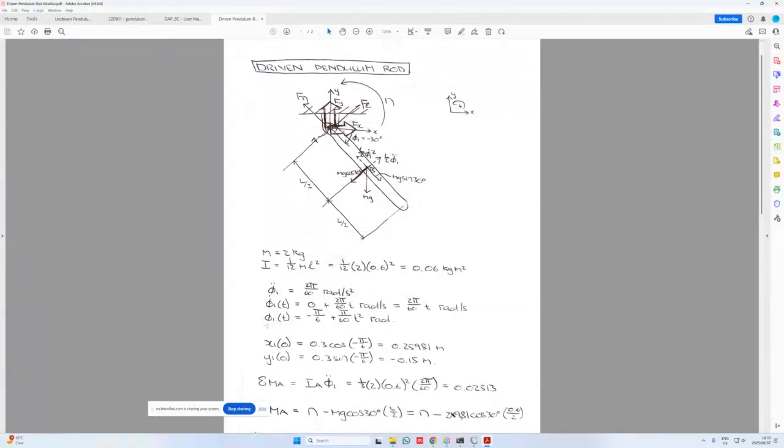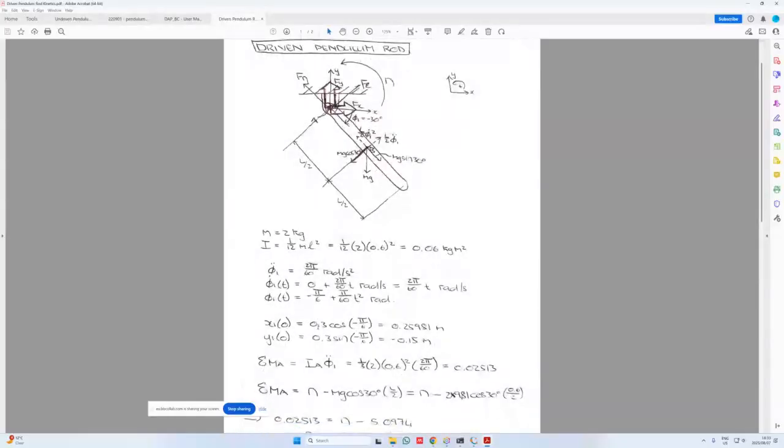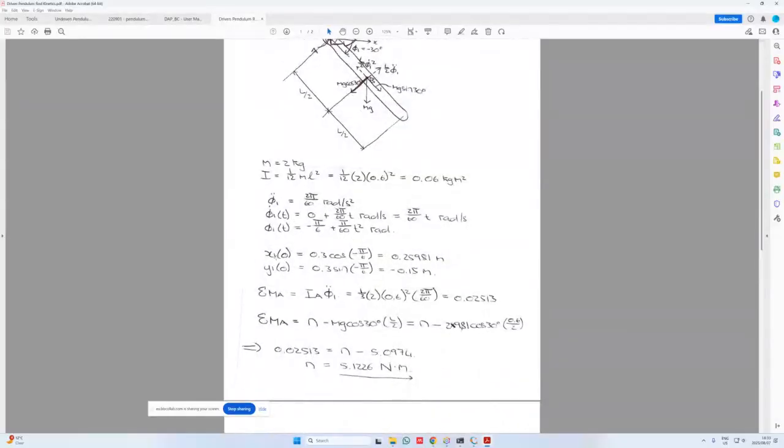And this is essentially how I define my driver function. So phi 1 as a function of t is then pi over 60t squared minus pi over 6. X1 at time 0 and y1 at time 0 is simply the starting coordinates for the center of mass of the pendulum rod. This is the same as what we got for the undriven pendulum rod.